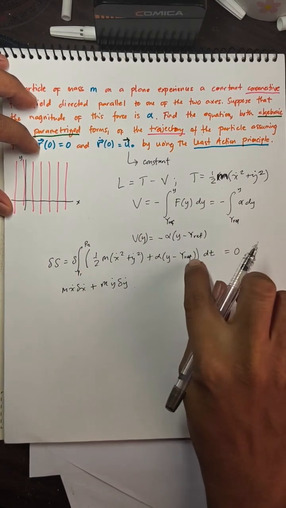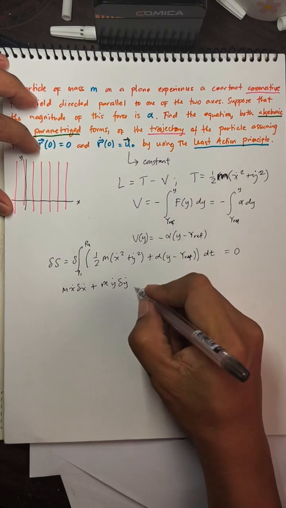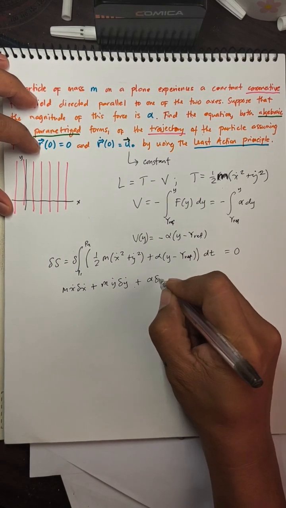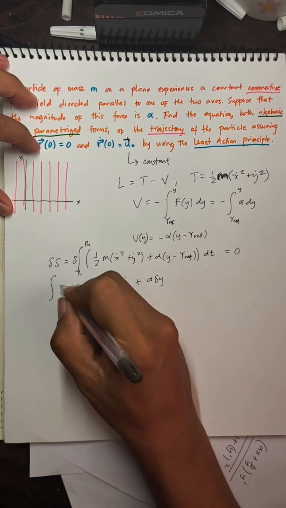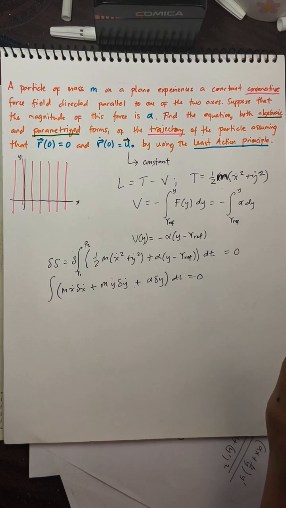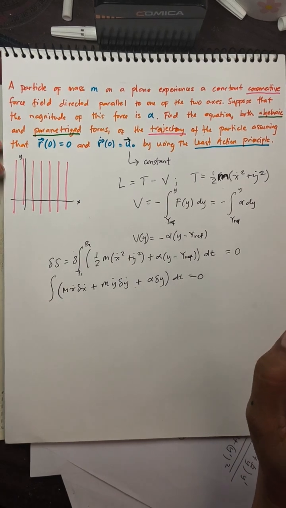We just apply the variation term by term. And here, that would be alpha delta y, the integral of that, dt equals 0.